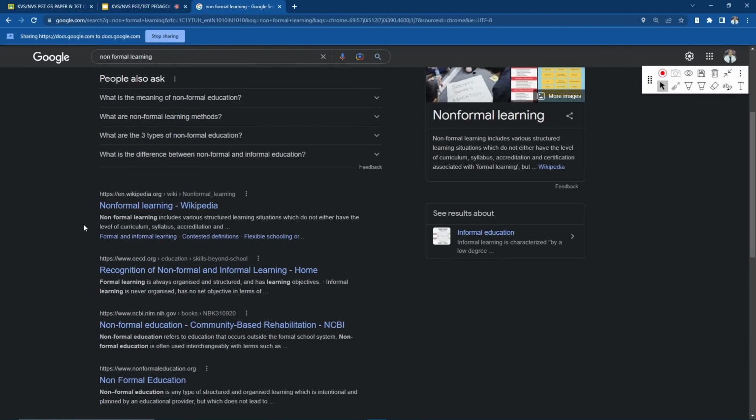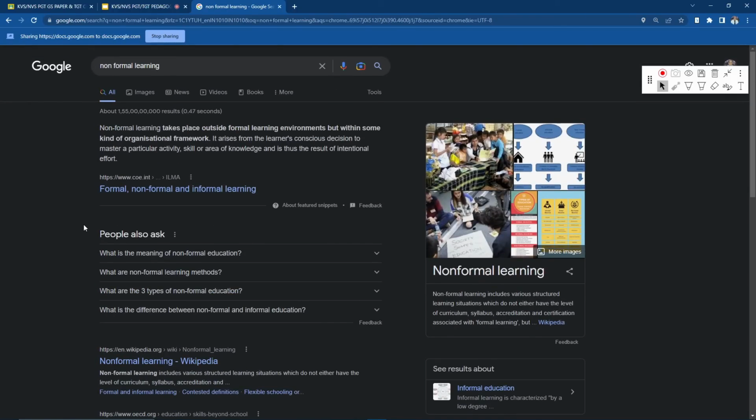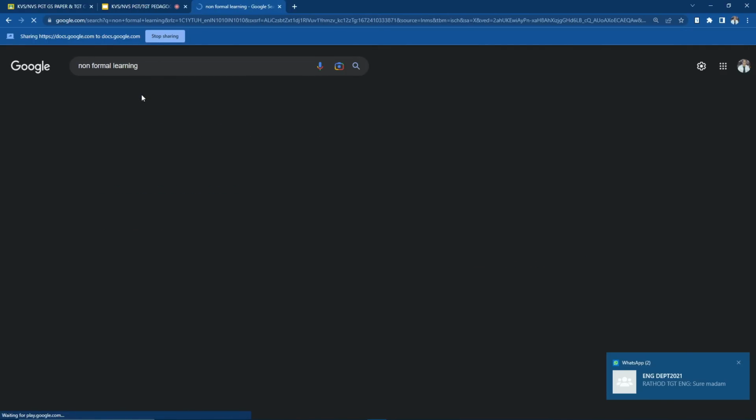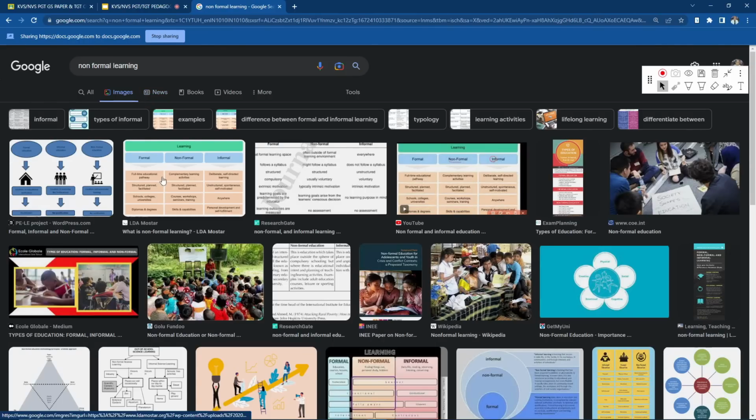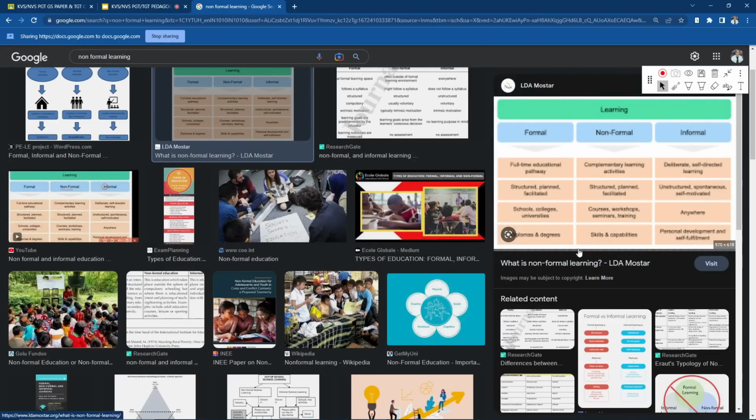Okay. So it is not intended or not part of the curriculum, but it will be learnt inside the organizational framework only. NCC, NSS like that, sir.